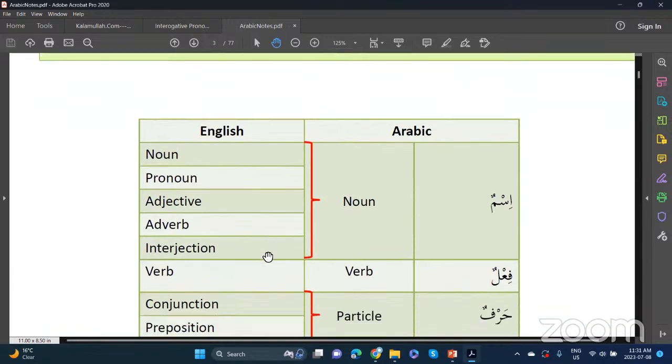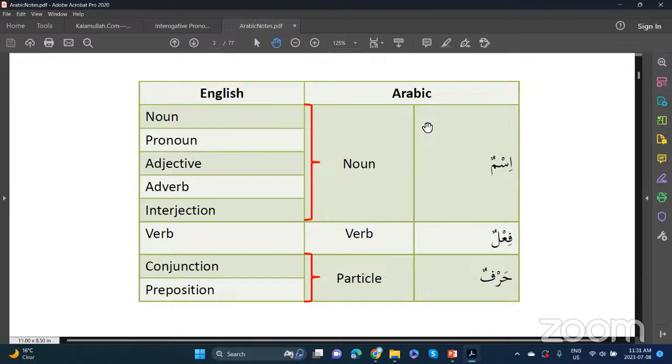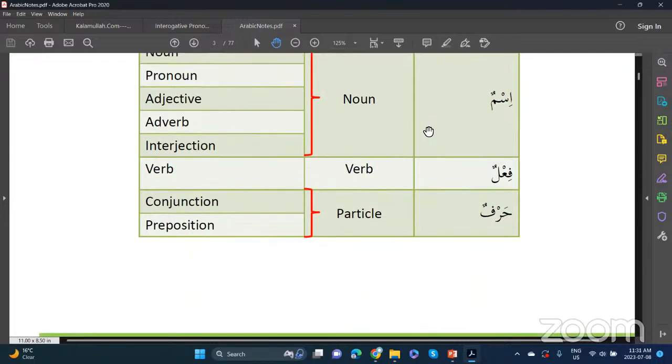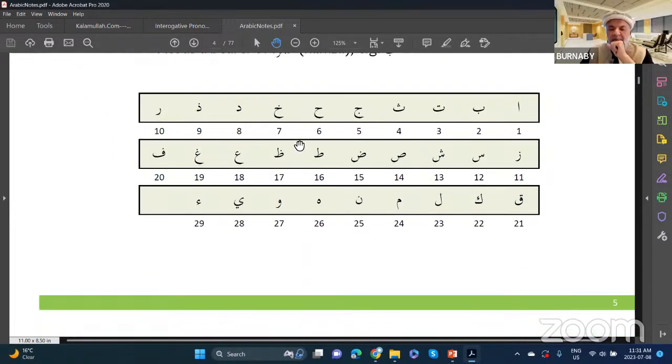And if you take a look at this chart, it explains very beautifully that those 5 in English were combined into 1 in Arabic. The verb is verb, particle is conjunction and preposition. And still the parts of speech are 8, but since they made a combination, they squeeze it into 3. This was our lecture number 1. Remember? Yes.